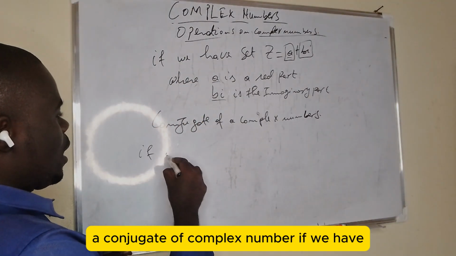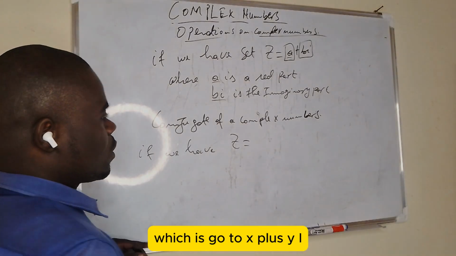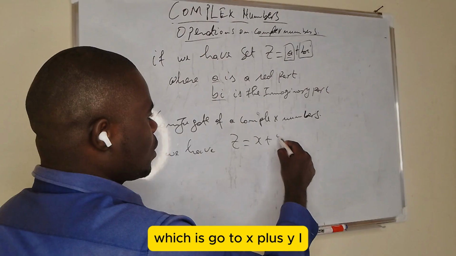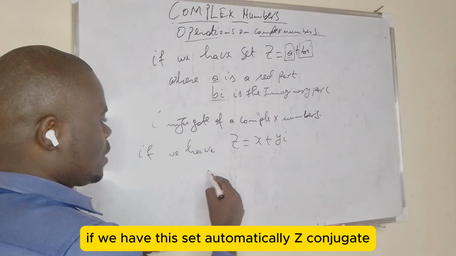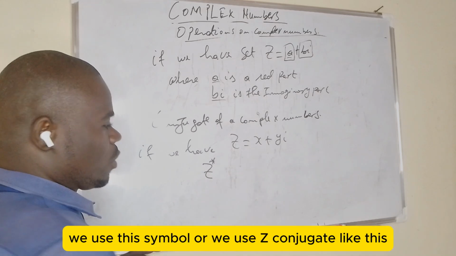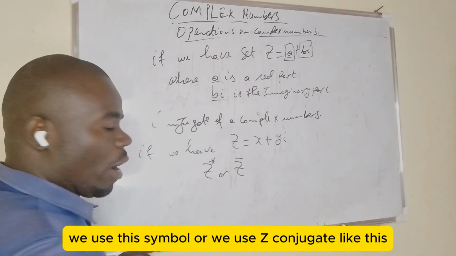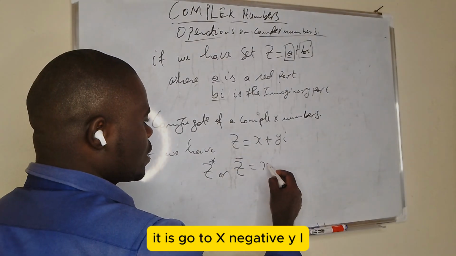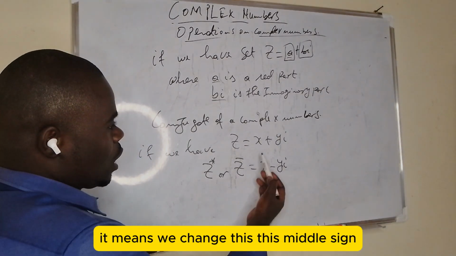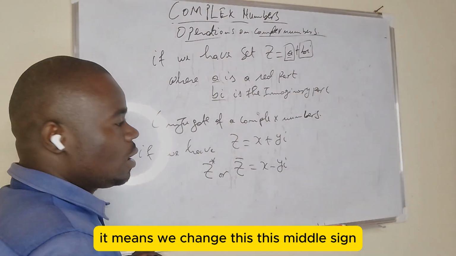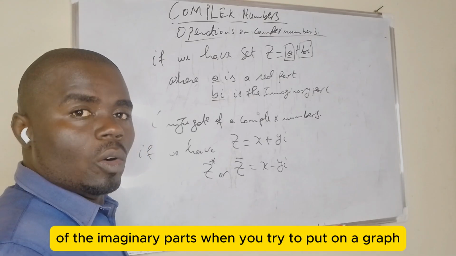If we have a set Z, which is equal to X plus YI, then automatically Z conjugate, for which we use this symbol, is equal to X minus YI. It means we change the sign of the imaginary part.